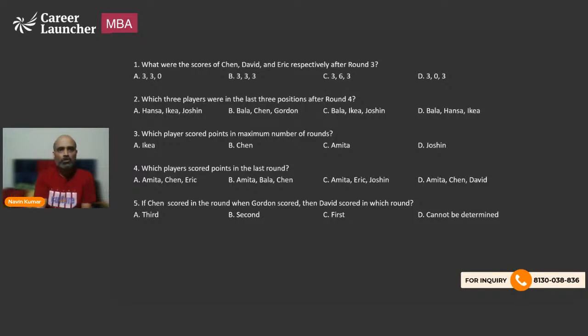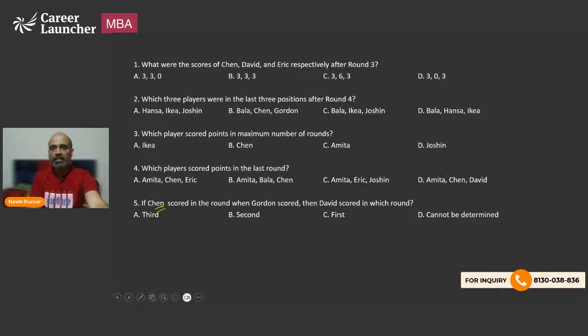Not definite. So most likely about Chen, we won't be able to figure out, maybe for others also, but Chen ke liye to we can guarantee that we can't figure out in a particular round how much does he score. Maybe we can figure out a part of it, maybe not. But we'll keep in mind that we will not waste time trying to figure out in which round did Chen score. Because we also have an option which says cannot be determined. So we have to be careful about the 5th question. The first 4 can be obviously done.